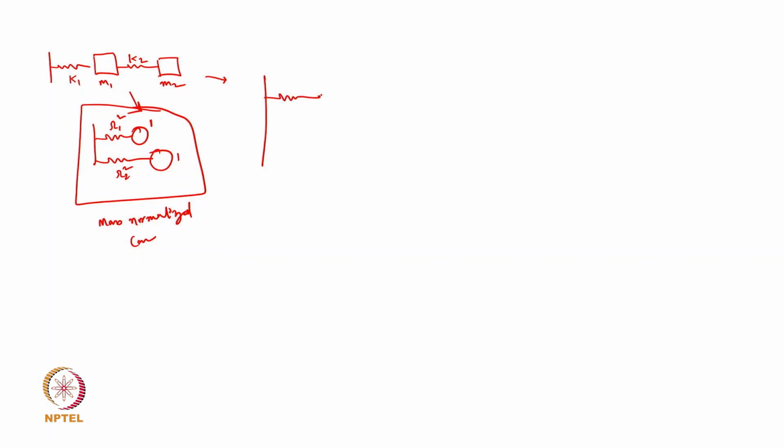Now see the beauty. Once you write this, it is in the mass normalized coordinate. It can also be like this: M1 bar, K1 bar, M2 bar, K2 bar.